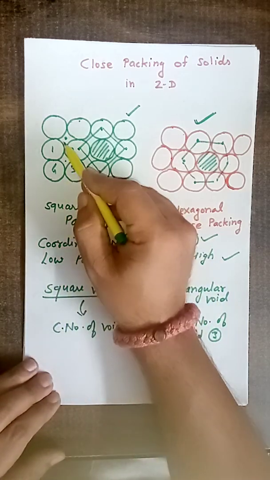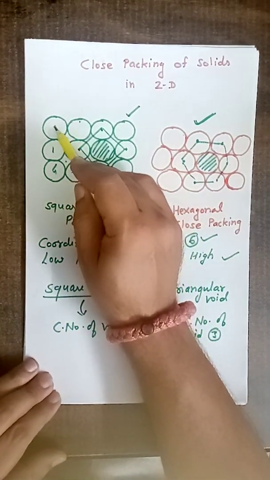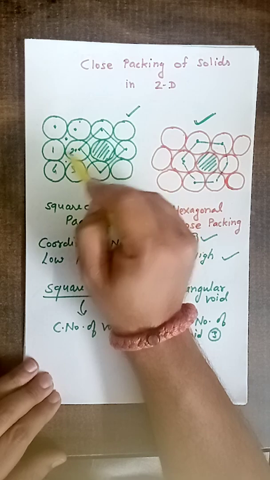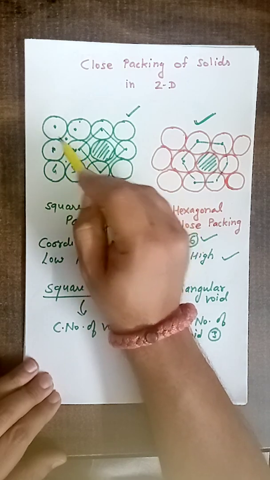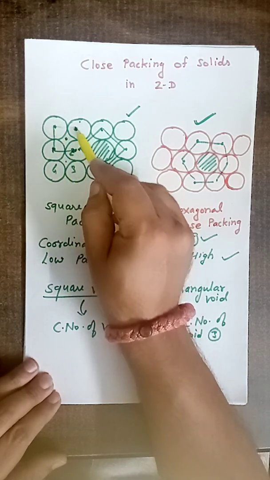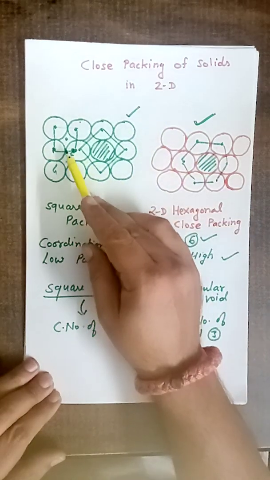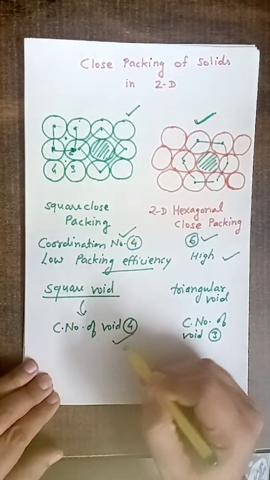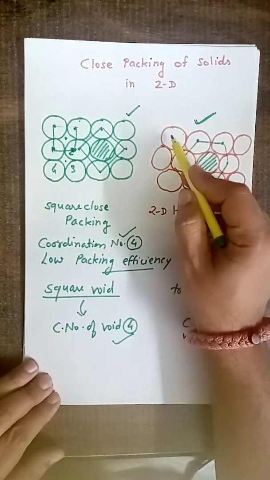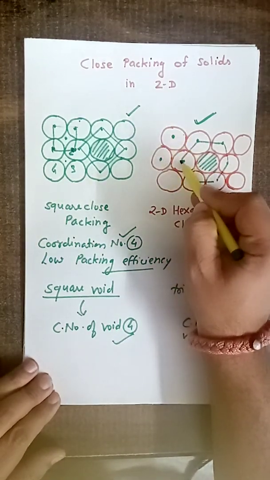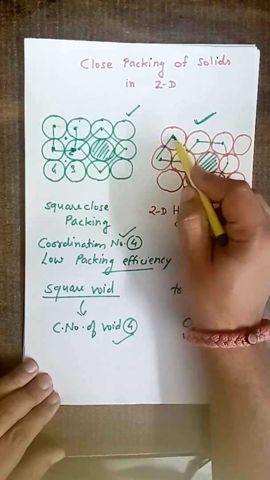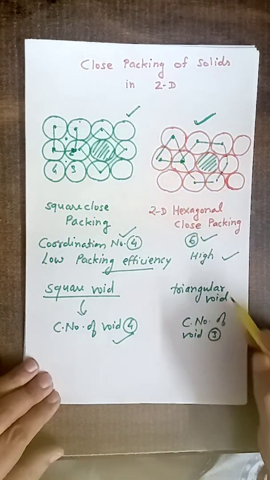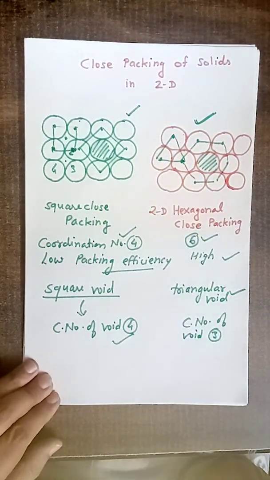Now if we connect once again the centers of these 4 lattice points which create this particular void, you can see once again a square structure. Therefore the void formed here is known as a square void. Its coordination number is 4. But here, if we connect these 3 points which create this particular void, it is a triangle shaped structure, and therefore the void is known as a triangular void.